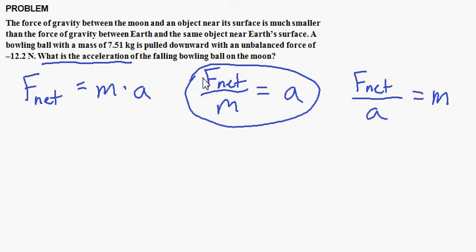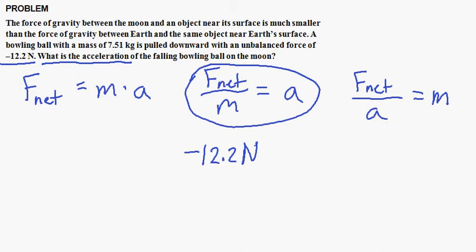So if the net force divided by mass is equal to acceleration, we'll take our net force, and they've given that as an unbalanced force of negative 12.2 newtons. Remember that Newton is our unit of force that we're typically going to see. And also it's told that this is the unbalanced force here, another way of saying the net force. And so this should be a good thing for us.